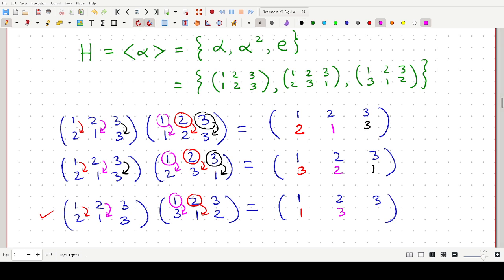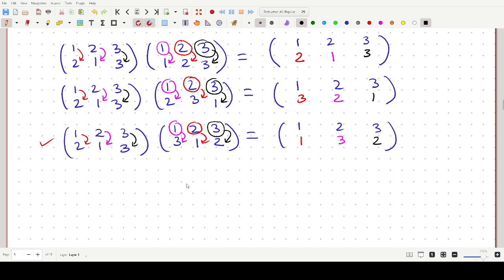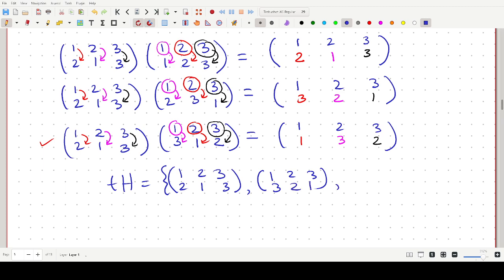And finally, when you look at the third position, which remains in the third position in T, it actually moves to the second position in the second permutation. So we get a 2 over here. And this gives us our TH to be equal to 1, 2, 3, 2, 1, 3 as the first element, 1, 2, 3, 3, 2, 1 as our second element, 1, 2, 3, 1, 3, 2 as our third element.